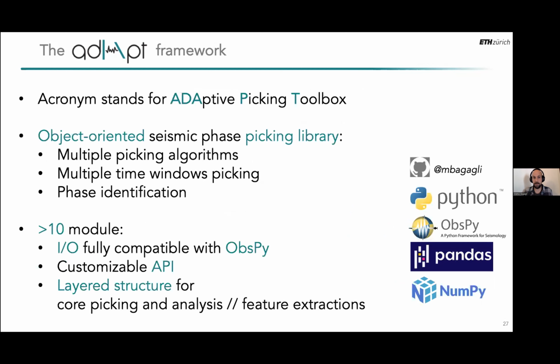So the ADAPT acronym stands for Adaptive Picking Toolbox, because the aim of this toolbox is to be scalable and customizable for the user's needs in different regional study regions. It's an object-oriented picking library, and it comes fully embedded with, and is fully compatible with, the other major scientific libraries in the Python environment.